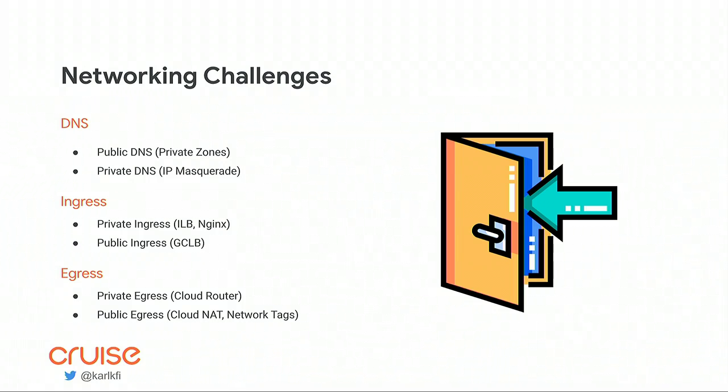Public egress, though, we previously deployed our own NATs with Terraform because that was the recommended solution on GCP. There is now a cloud NAT solution that is beta, GA? I think it's GA. And so we are switching to that. But what it means is you have to put network tags per your regions, because if you are in the same network with the cloud NAT, by default, all traffic goes through that cloud NAT.